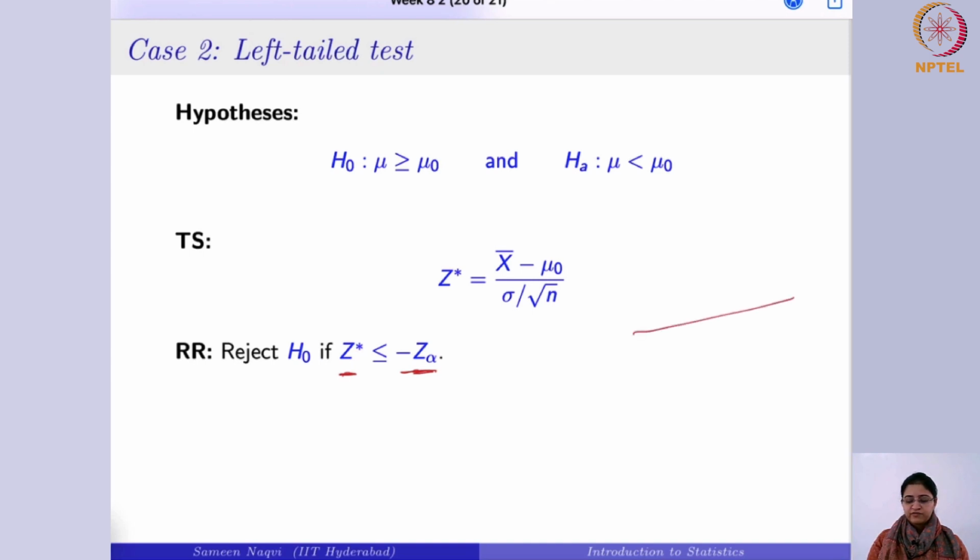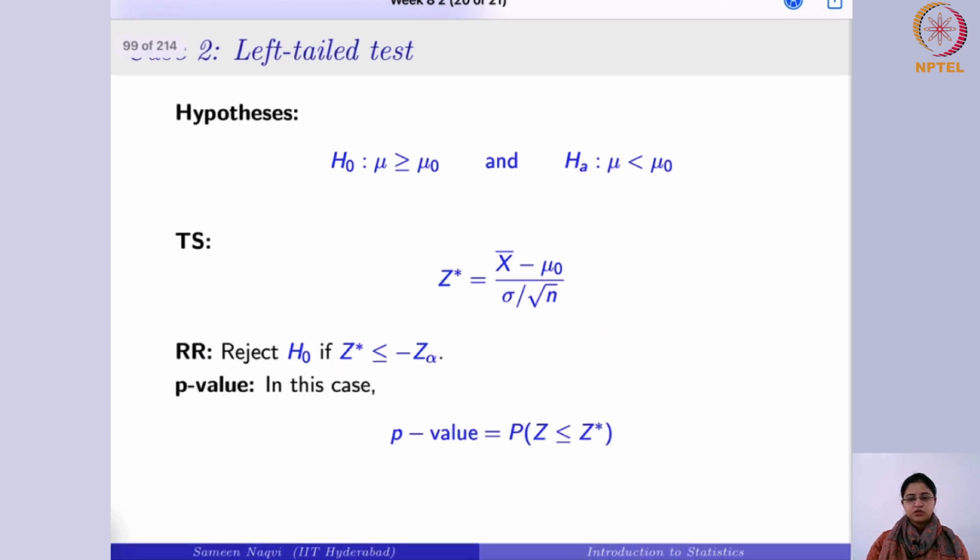Because here we are talking about minus Z alpha, right? So you have got a certain value which is falling, Z star is a negative value in this case. So here you would have something alpha over here. So if Z star is falling in this region, you would be rejecting the null hypothesis.